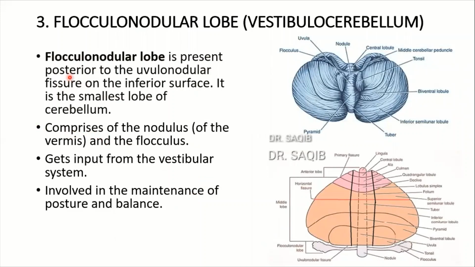I told you that the flocculonodular lobe comprises the nodulus of the vermis and the flocculus. Two things, nodule and flocculus. It gets input from the vestibular system. It is involved in the maintenance of posture and balance.